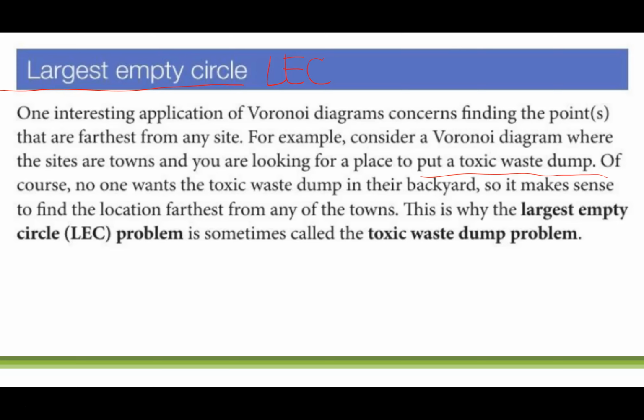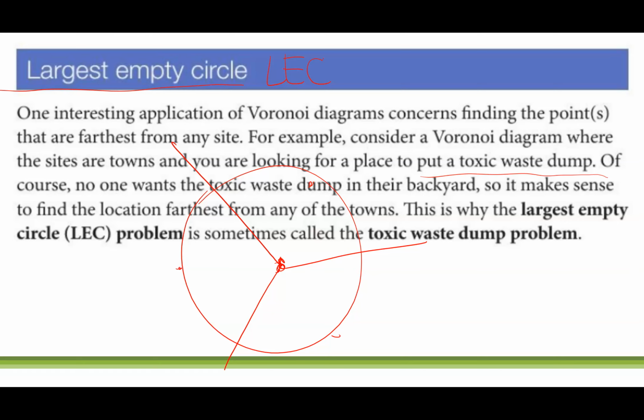You'll recall that when you've got 3 perpendicular bisectors, what they are doing is they're separating sites. And what I said earlier in the chapter is there is a circle that connects those 3 whose center is at the vertex of the perpendicular bisector. So what you're doing here, you're trying to find the largest empty circle.